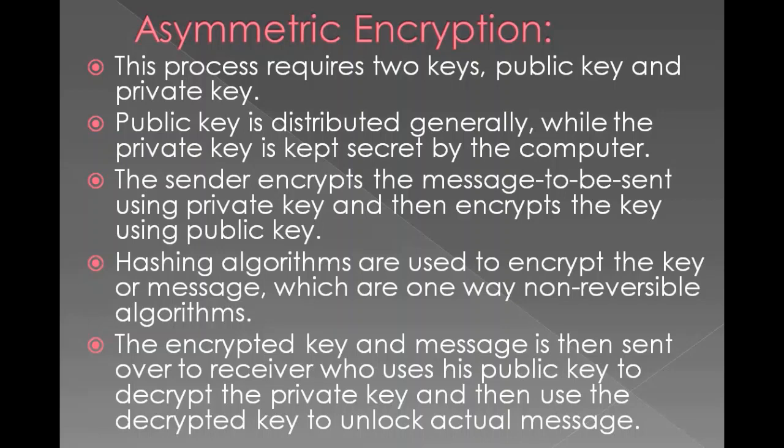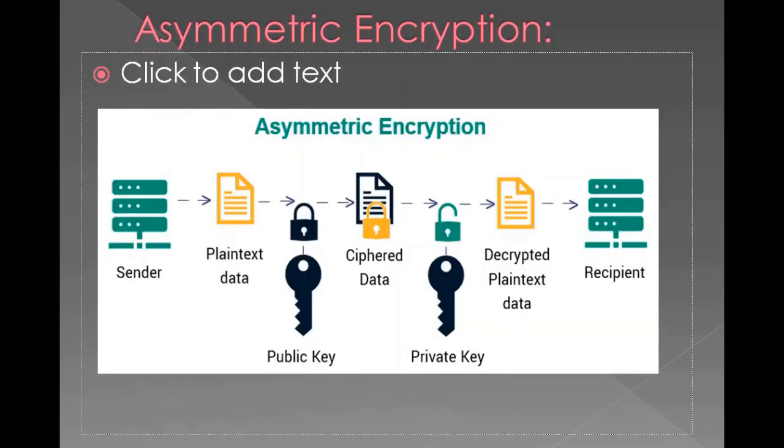Even if a hacker intercepts the message, he would only get an encrypted message and an encrypted key. Since the hacker would not have a public key, he would not be able to decrypt the key and use that key in order to decrypt the message. That is why asymmetric encryption is more secure than symmetric encryption.